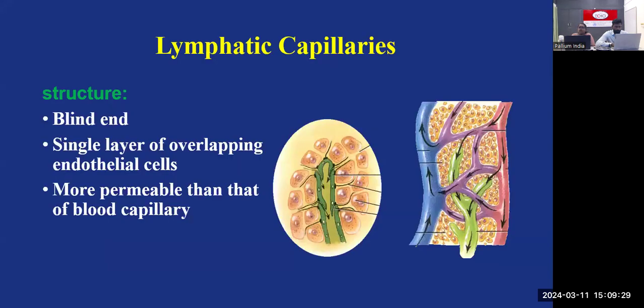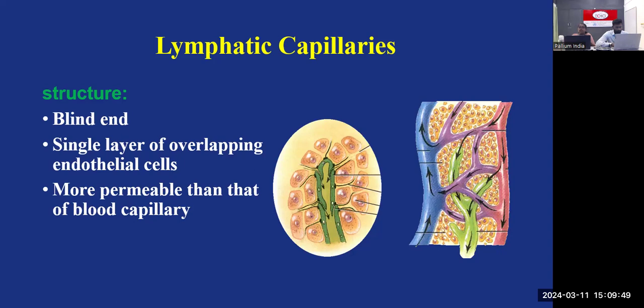Coming to the lymphatic capillaries, what are lymphatic capillaries? They have a blind end, so that wherever the fluid is drained, they can absorb it well because of the blind end.